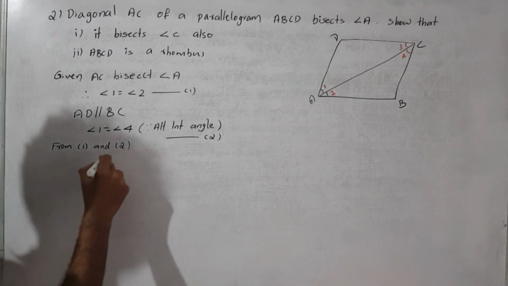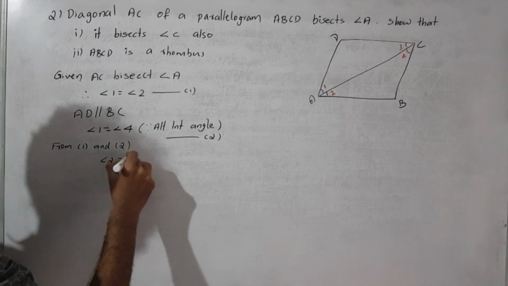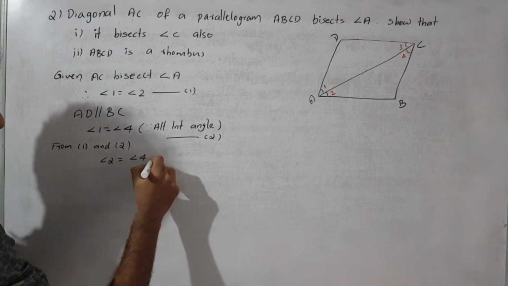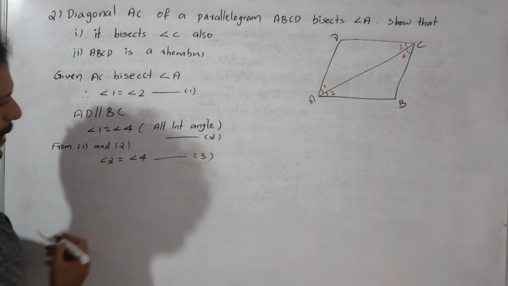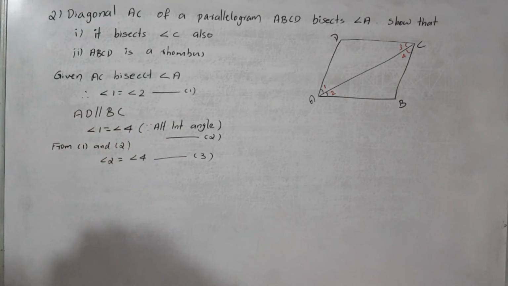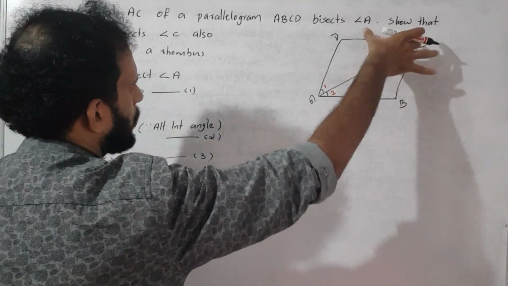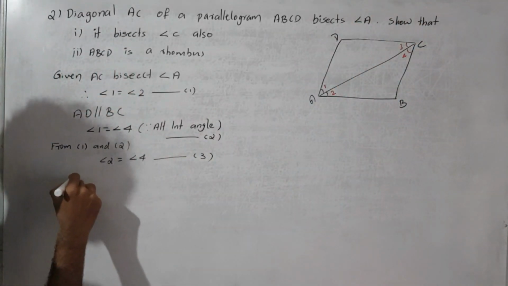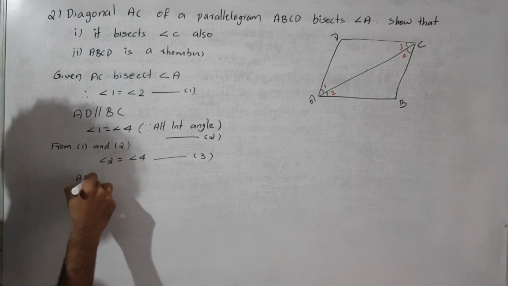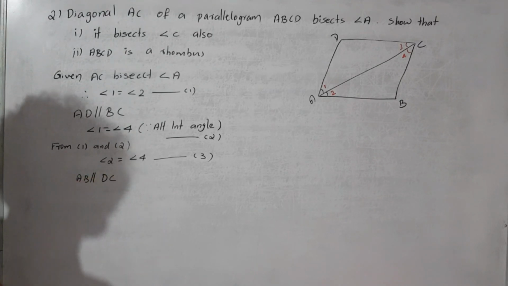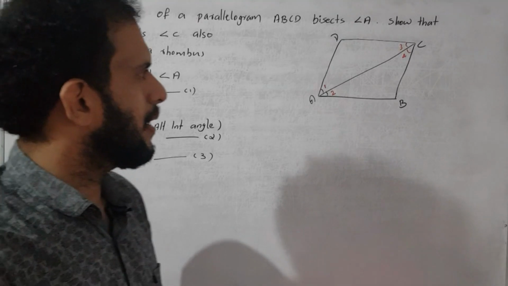Yes, angle 2 is equal to angle 4, equation 3. Then the same idea: given AB is parallel to DC, what do we get?